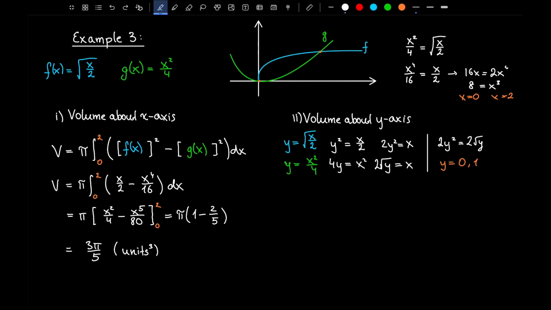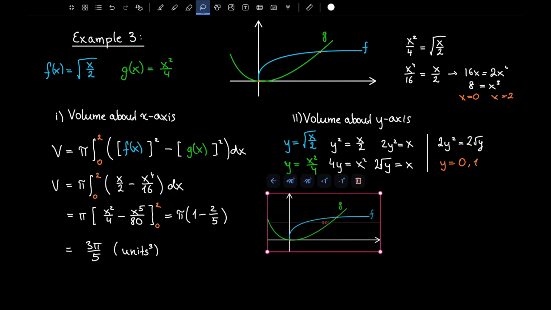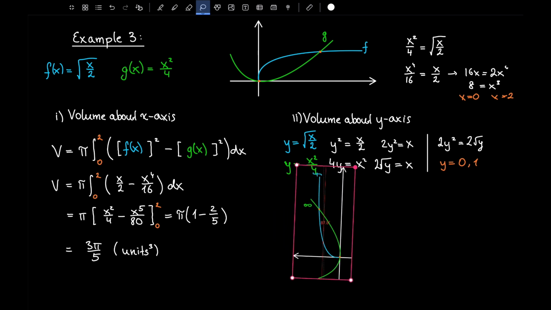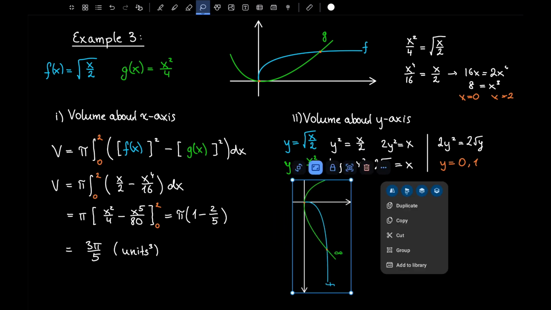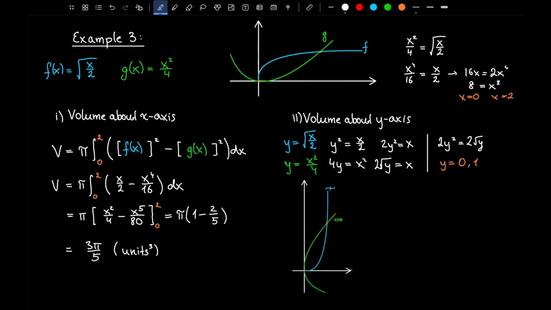However, we also have another problem, because now we don't know which function is on top and which function is on bottom. However, I can show you here that by flipping this function a little bit and then also mirroring it, we have successfully interchanged the x and y axis, and you can clearly see that the green function, technically g, is now on top.